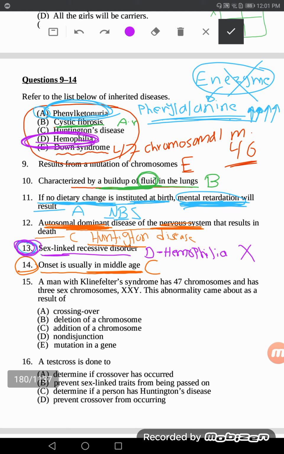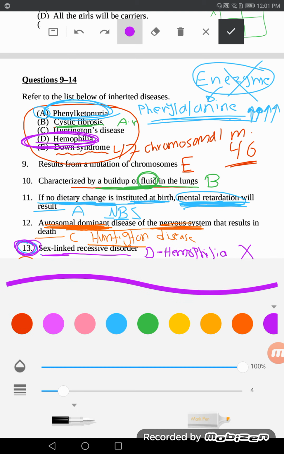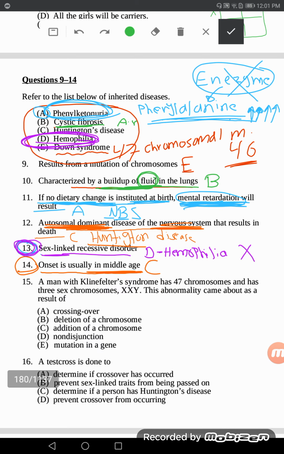So now we finished the matching questions, and now let's move to question 15, okay, because from the beginning it says from question 9 to 14 we have to pay attention to those points. Now in question 15 it says a man with Klinefelter syndrome. So Klinefelter is one of the syndromes where those people have 47 chromosomes.